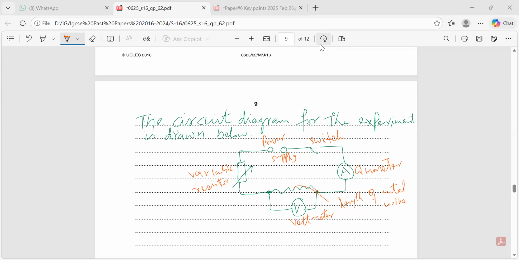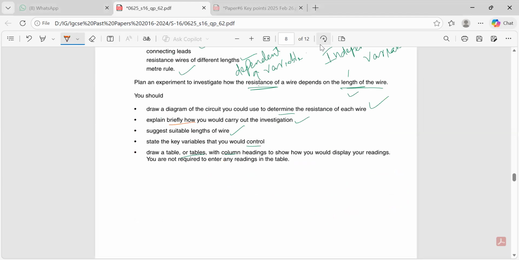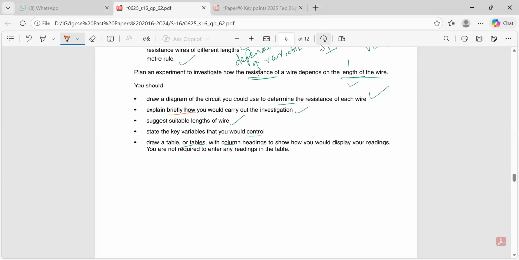Now, the next point is they want us to explain briefly, not in detail, how you would carry out the investigation.